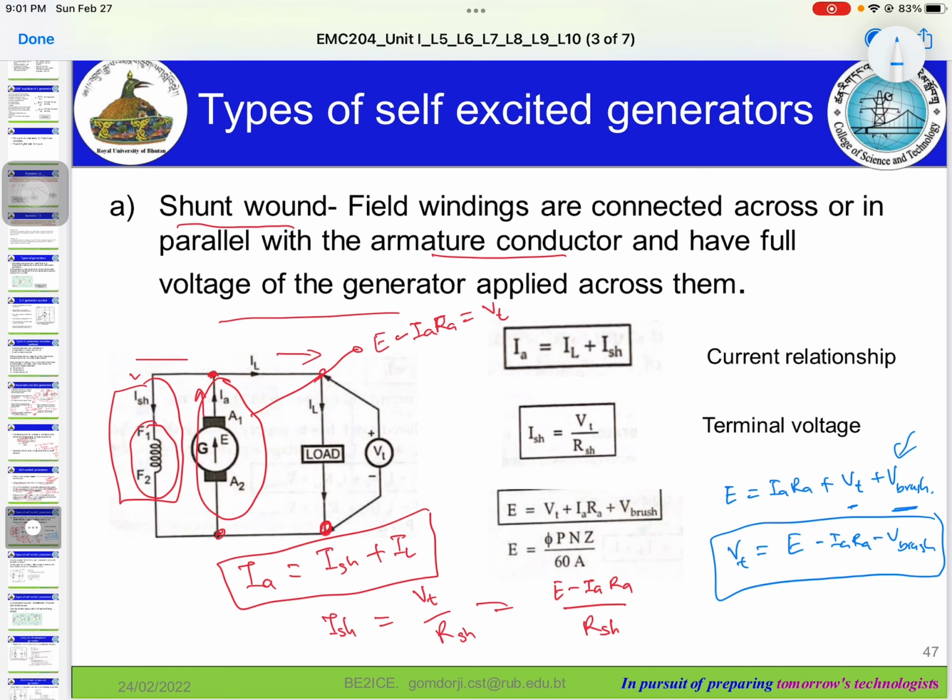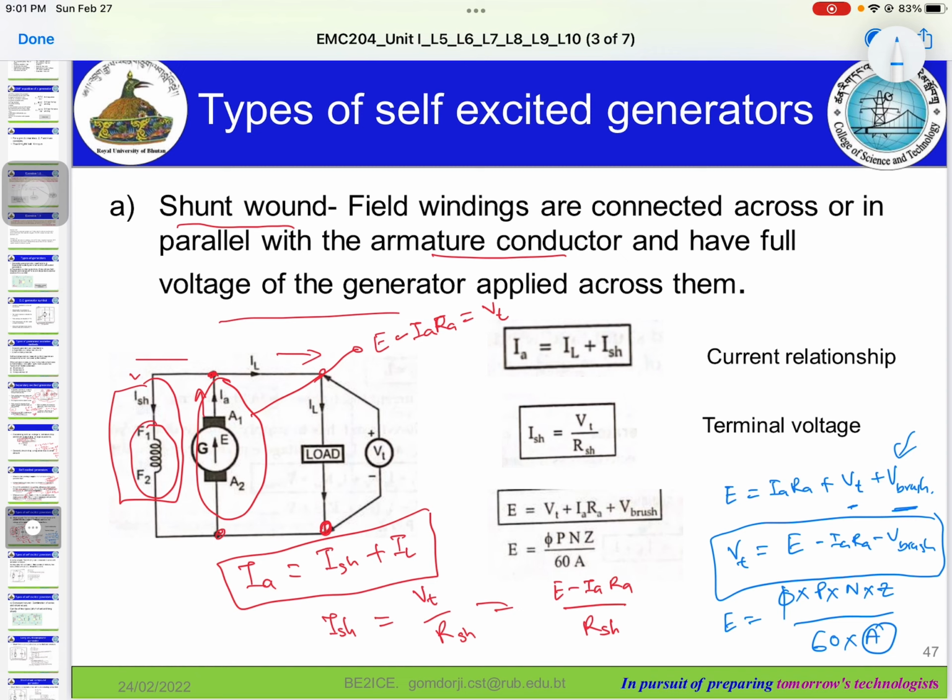From the principle of the DC generator, we also know that induced EMF is given by the magnetic flux times the number of poles times the speed of the rotor times the number of conductors in the armature, divided by 60 times the parallel path A. The parallel path depends on the type of armature winding.